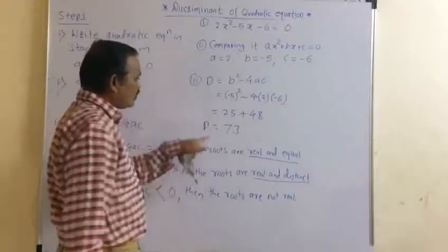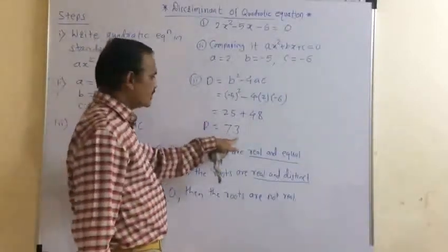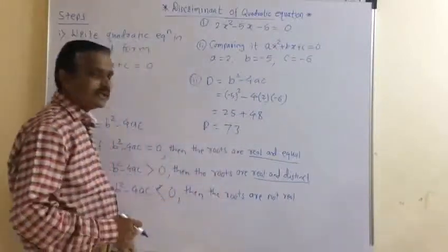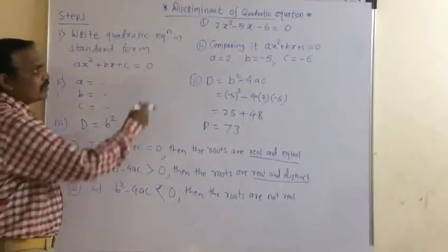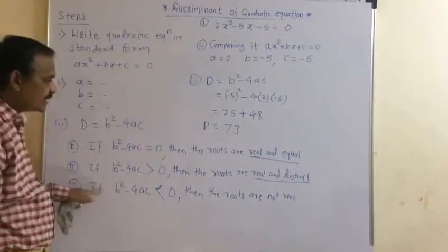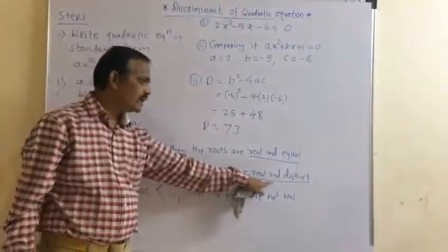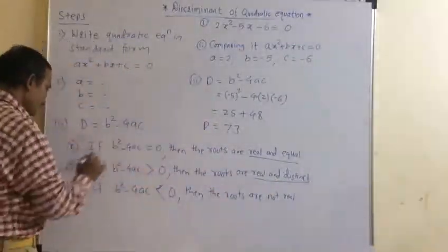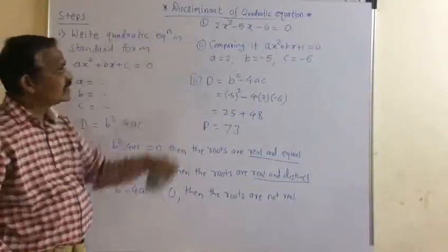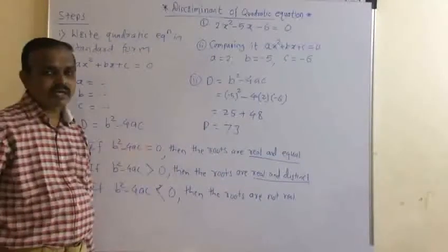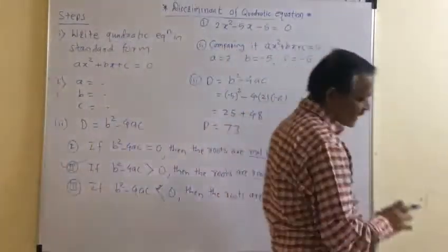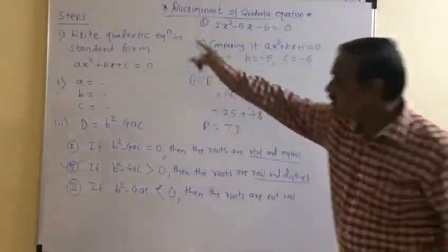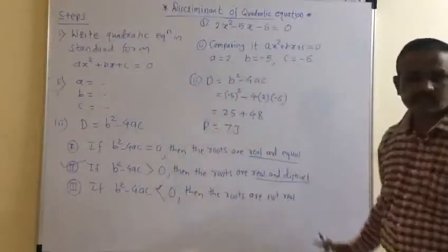This value of D is positive, greater than 0, case 2. So the nature of the roots is real and distinct. Students can note down these steps with this sum.